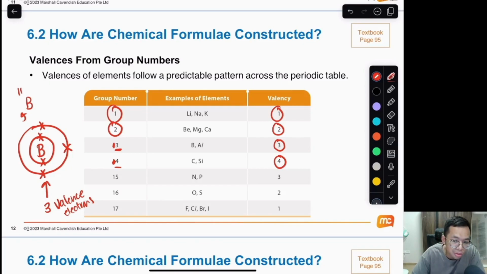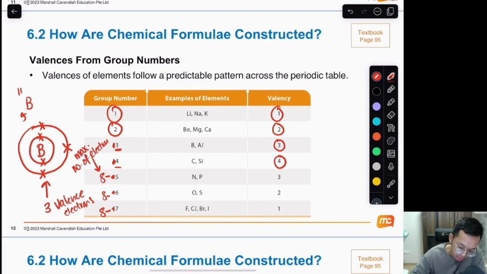And then once you reach groups 15, 16, and 17, because they form anions, negative ions, again you ignore the number 1, and then you take 8 minus 5, 8 minus 6, 8 minus 7 to get the valency. Why 8? Because remember, 8 is the max number of electrons in the outermost shell.